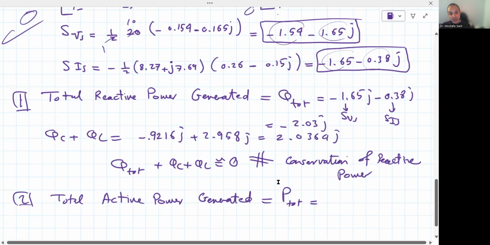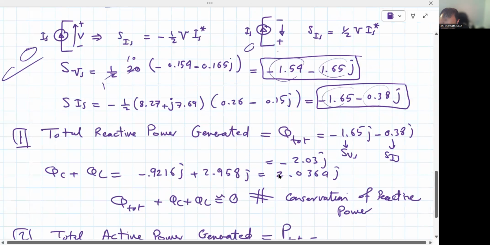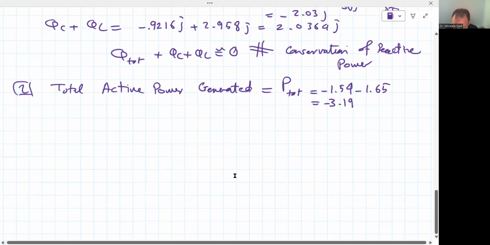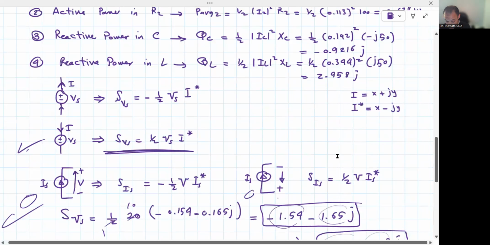It should be the addition of the real part of SVS and SIS, so it's minus 1.54 minus 1.65, which is basically minus 3.19. Now, if I add P average 1, or R1, plus P average 2, it should give also 3.19.